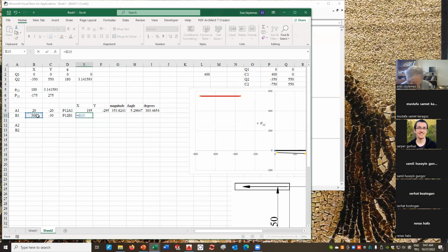This value minus this value. I'll show you. Okay, if you press F4, fix the pole over here, and fix the pole over here.